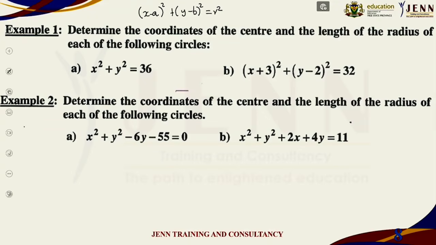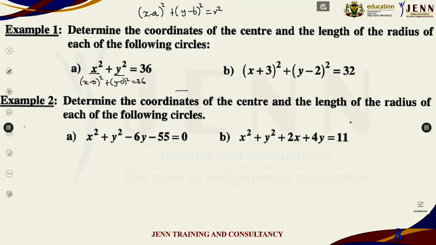How so? The moment you have x squared alone and y squared alone, you just know that the coordinates of the center are 0 and 0. It means x squared plus y squared equals 36 comes from (x minus 0) to the exponent of 2, plus (y minus 0) to the exponent of 2, equals 36.